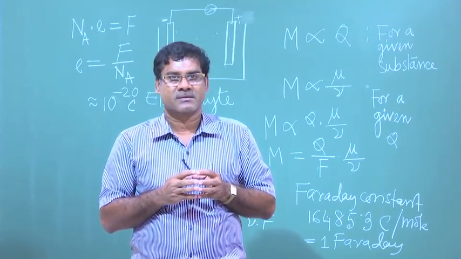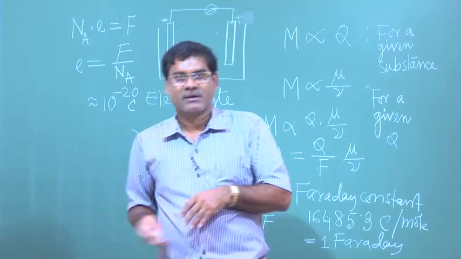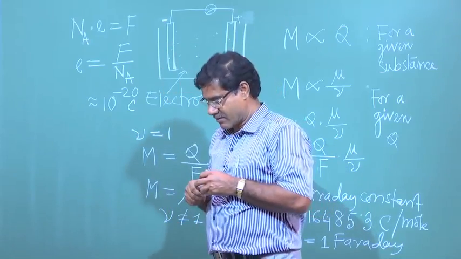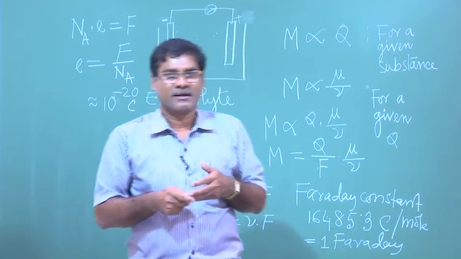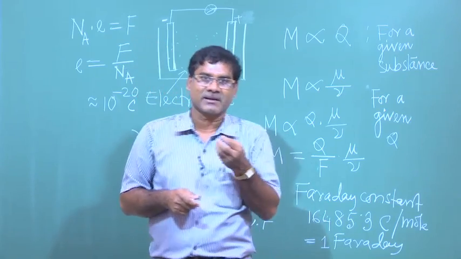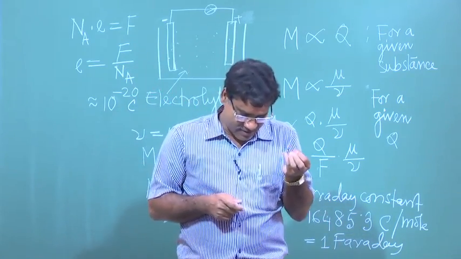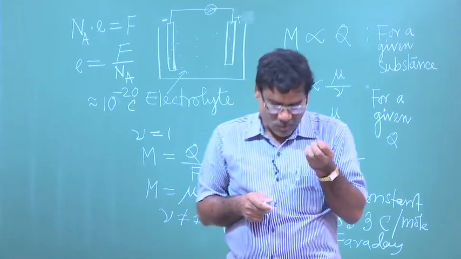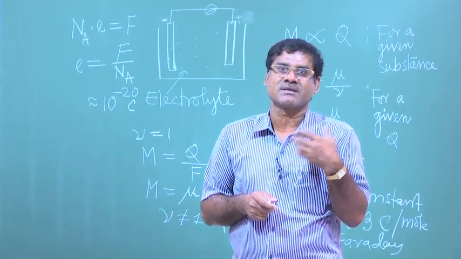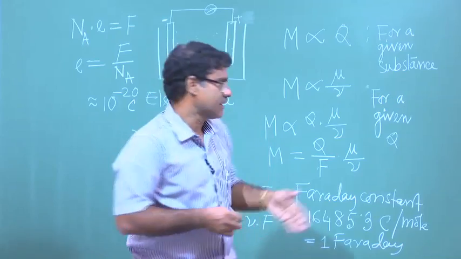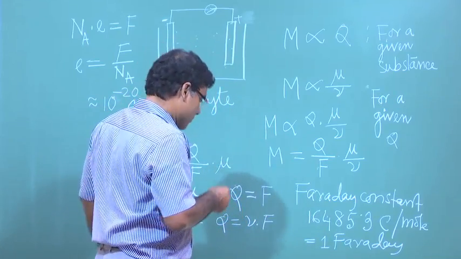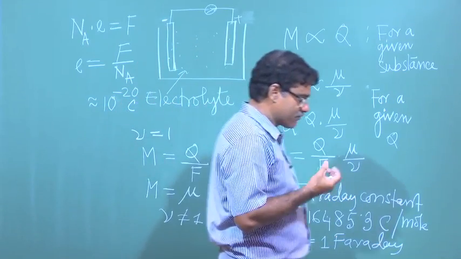Later on it was changed. Later on the name electron was given to the smallest unit of charge carrier, but at that time electron was used to express the amount of charge.